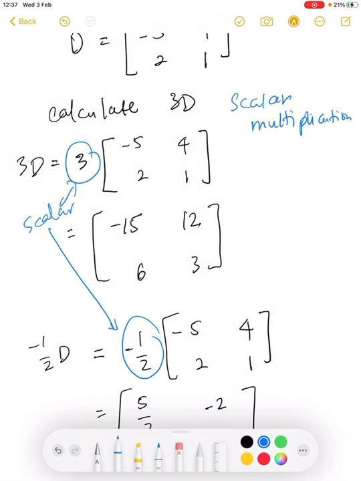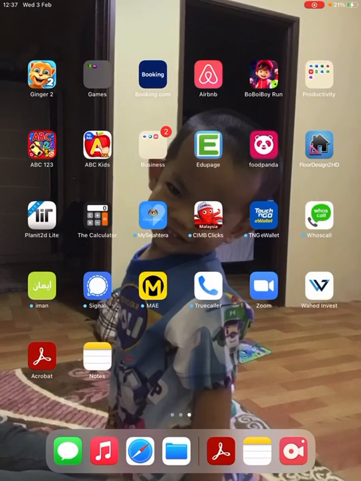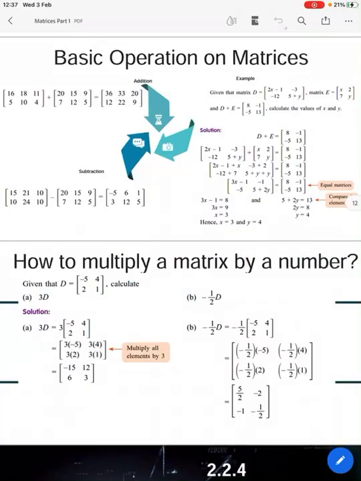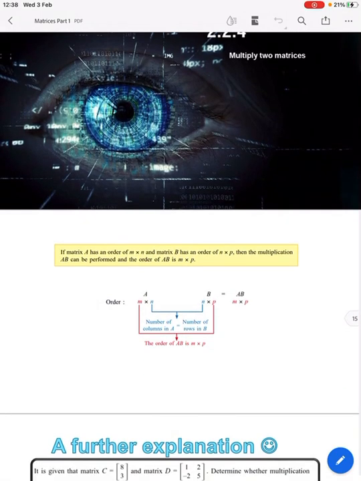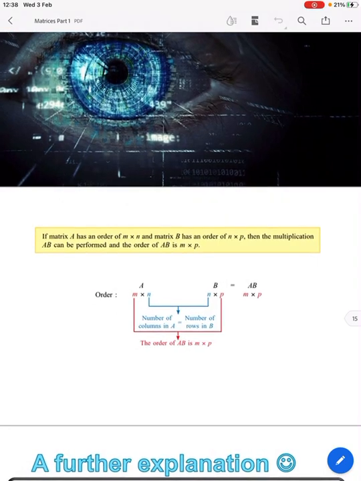So next, what do we have next? Multiply two matrices. Okay, so here is the thing for today. How do we multiply two matrices? Okay, so first let's learn the definition.